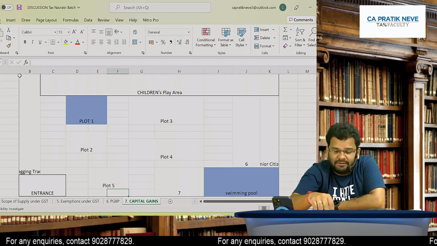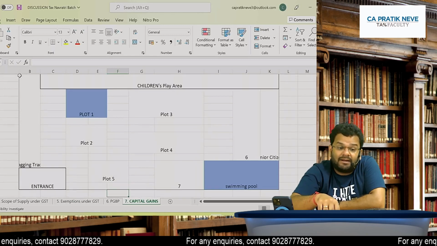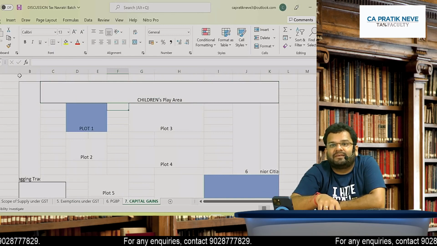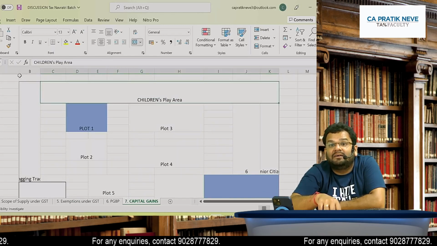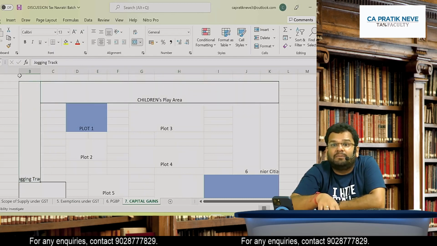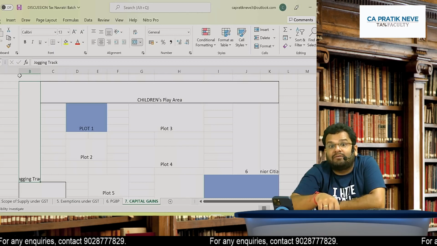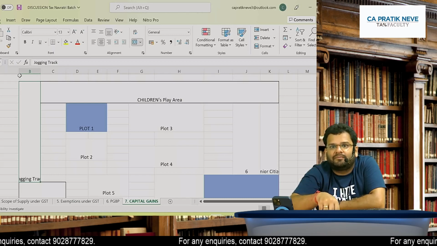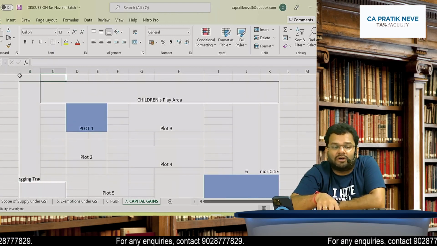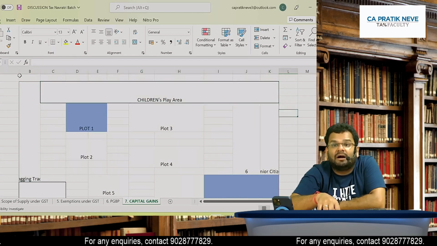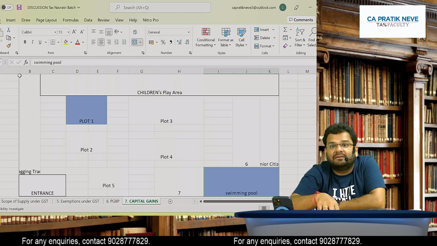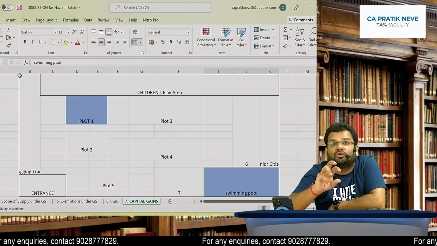I divided that land into 7 plots, and I will develop the land with amenities. I'll put a gate around the land and call it a gated project, get the water connection, keep a nice entrance, make a jogging track, a children's play area, a swimming pool, and I will sell these 7 plots to 7 different customers.